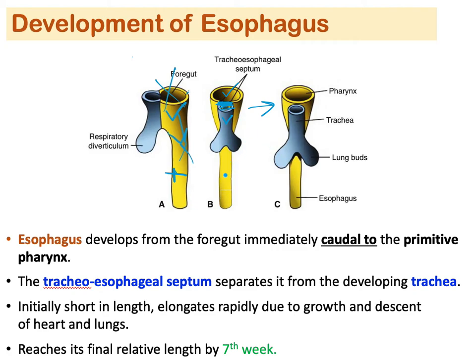Now the esophagus is at first short, but with the further development and descent of the heart and lung, it elongates more and more until it reaches its final relative length by the 7th week.